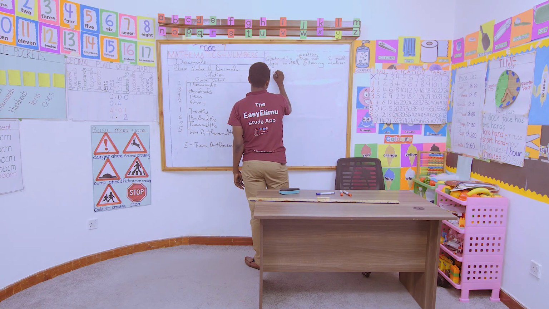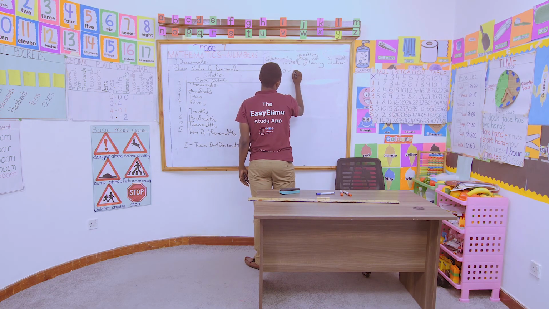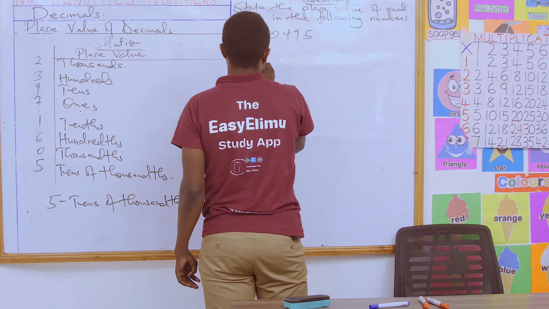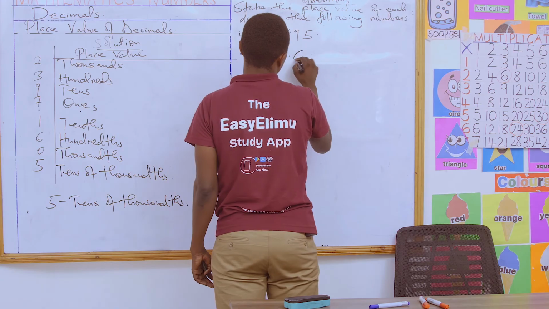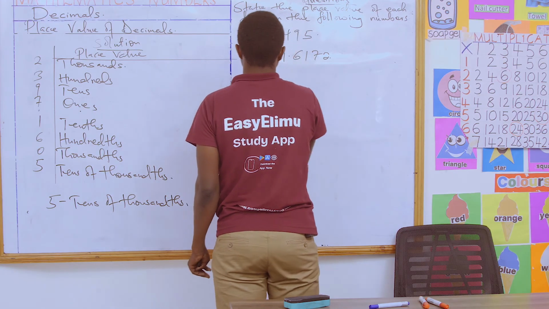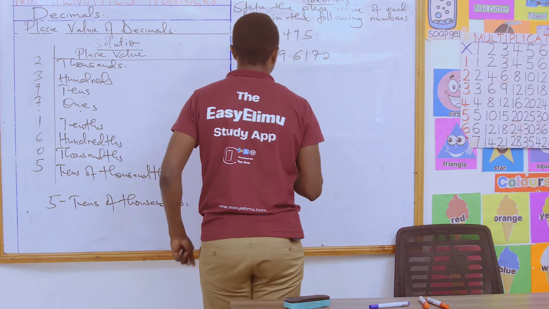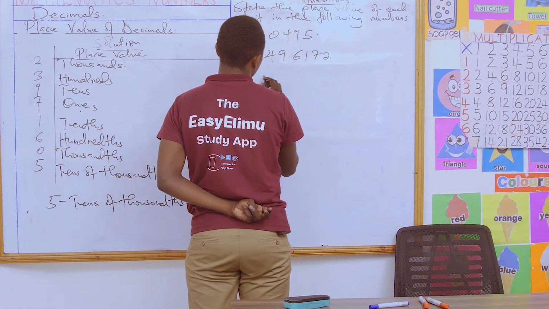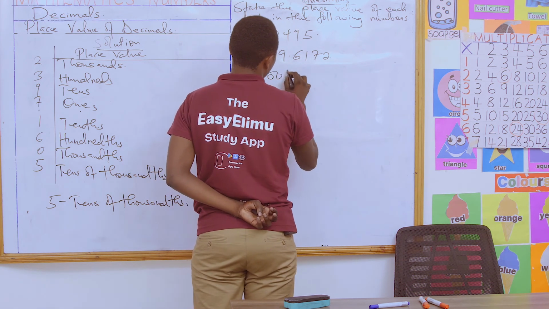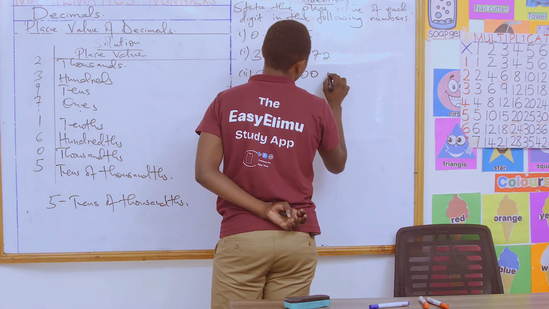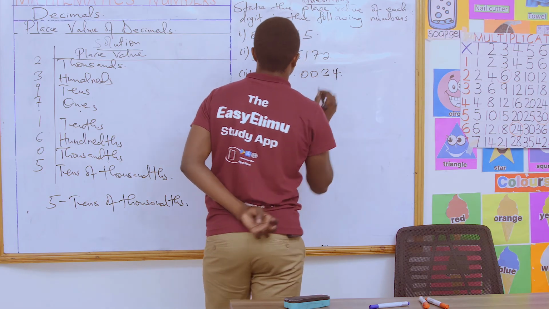So Roman 1, you have 0.0495. Roman 2, 349.6172. Roman 3, we have 2001.0034.